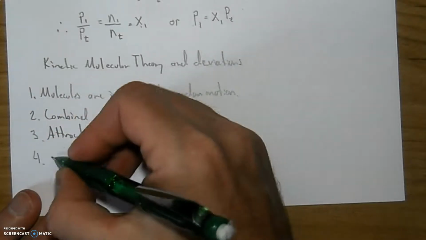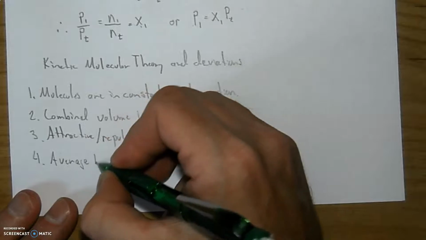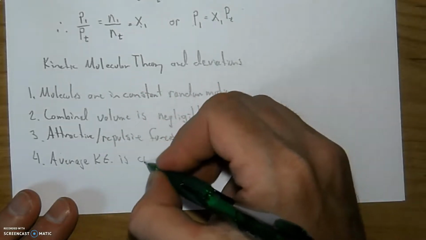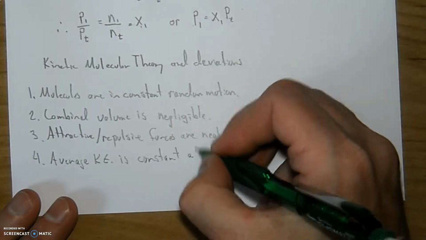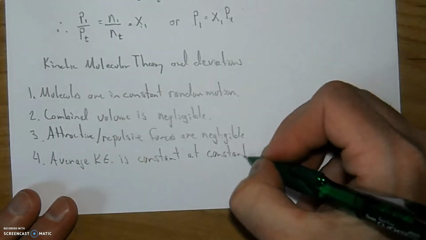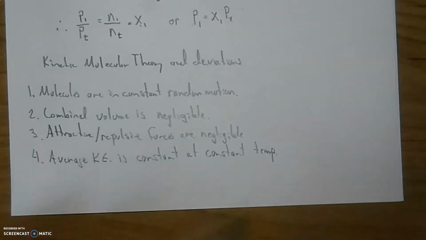4 out of 5, the average kinetic energy is constant at constant temp. So also understand that any particular particle has whatever energy it has.